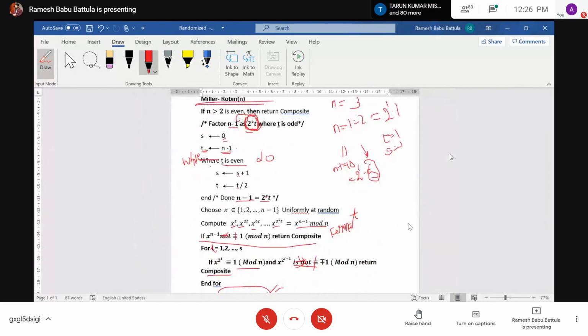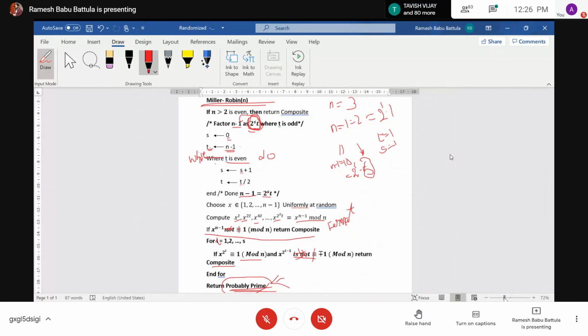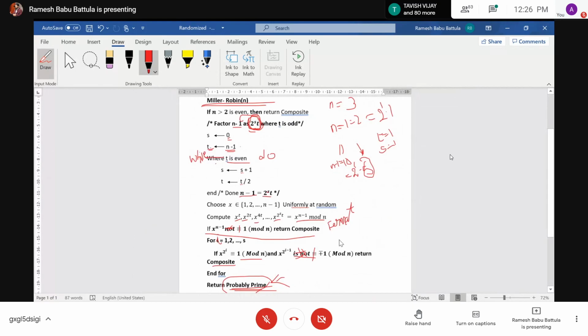This is the complete algorithm. Here, the while loop is just corrected, and this is not congruent, and this is also not congruent.